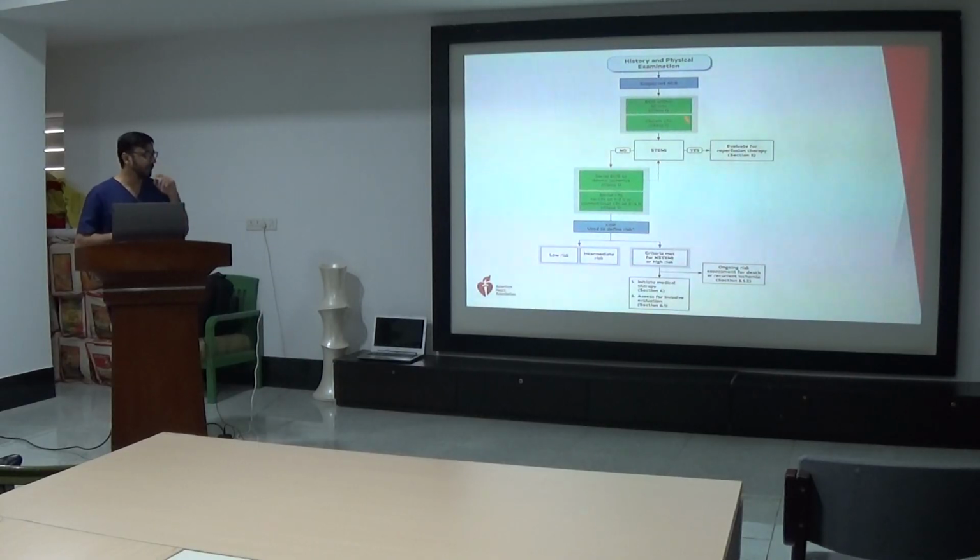If you are suspecting ACS, then do an ECG within 10 minutes of first medical contact. Obtain cardiac troponin. If there is ST elevation, there is reperfusion therapy, straightforward, go. If it is not ST elevation MI, then serial ECG and monitoring, and a clinical decision pathway to define the risk as we already discussed.